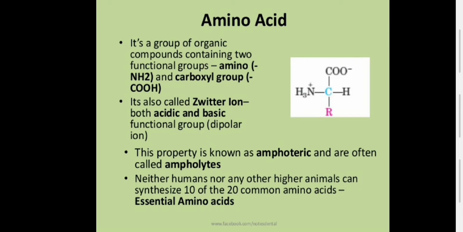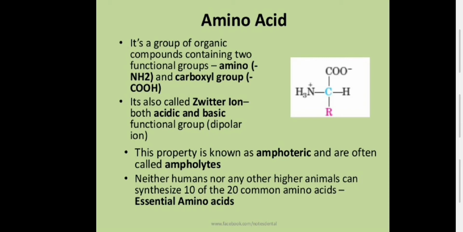These building blocks of protein undergo a so-called zwitterion process. When we say zwitterion, the structure has both acidity and basicity, which gives a dipolar ion.